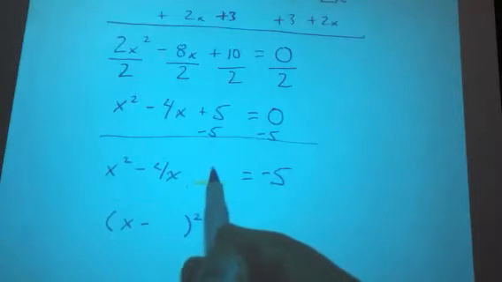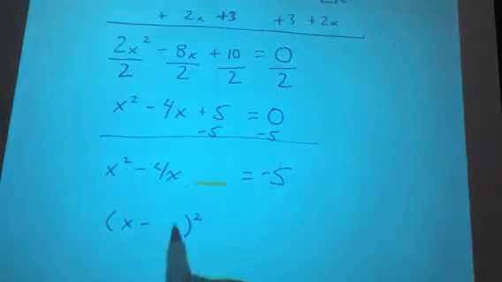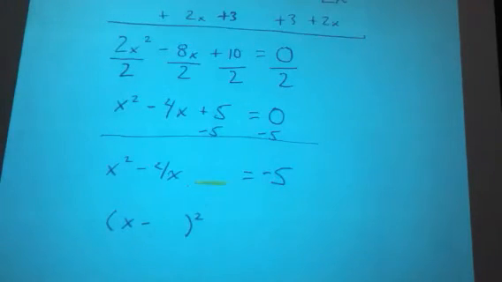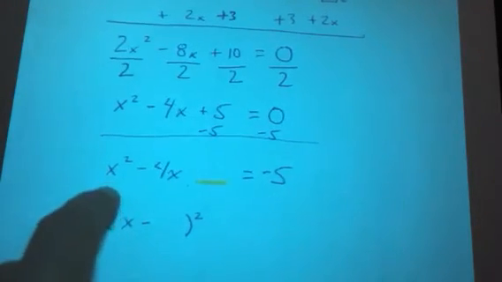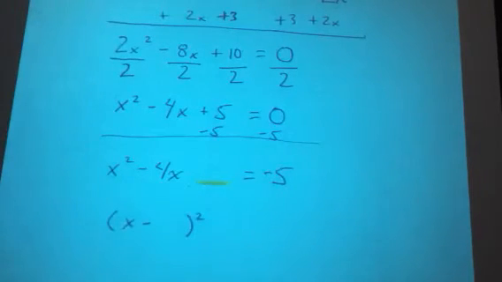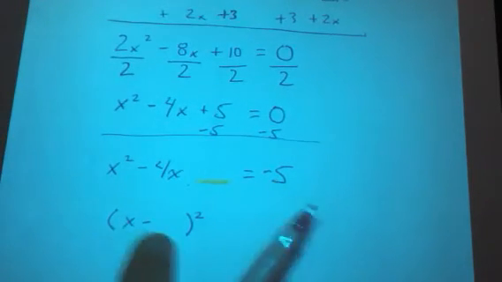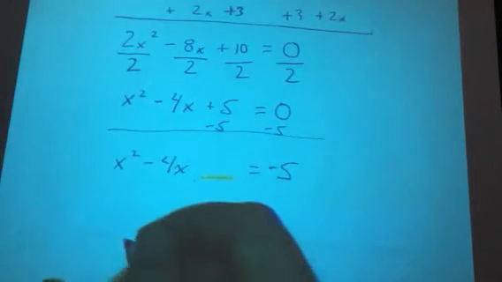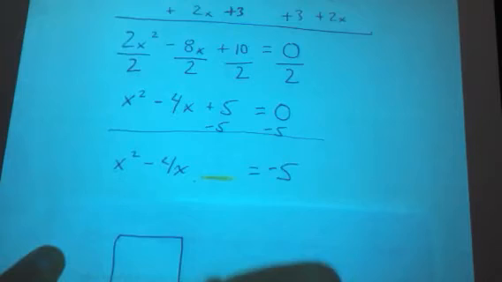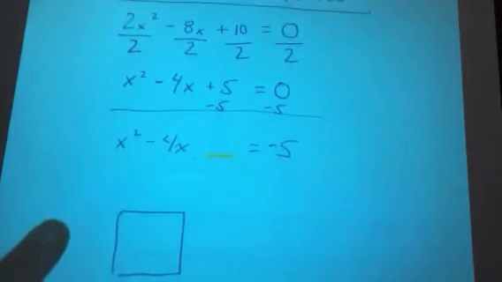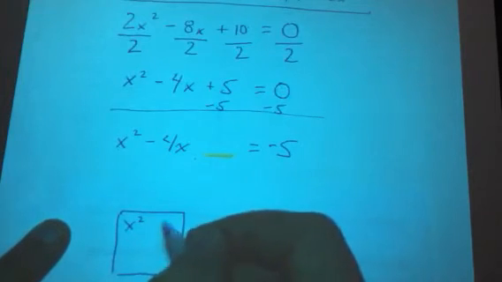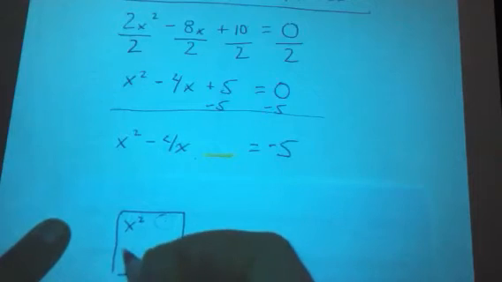And in order to figure out that something, we need to figure out what would go here. So we can think about, well, how would we get to x squared minus 4x by having some binomial squared? What we're saying is that we would have some x squared with a total of negative 4x here, where this is the same as this.